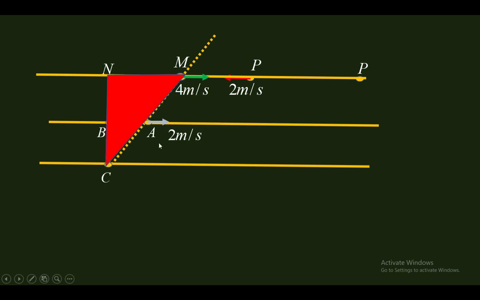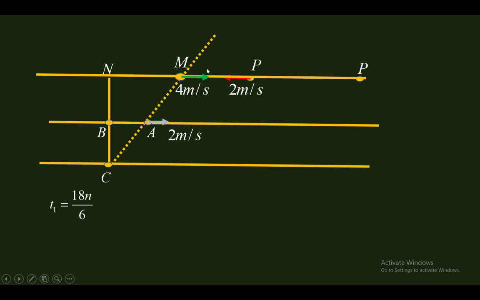This is the window, and boy C has to count how many poles are there in this red window. Initially M was at the position of N and poles were 18 meters apart. Point M is moving in this direction with speed 4 while poles are moving opposite with speed 2. So M and the poles are coming close to each other with speed 6.